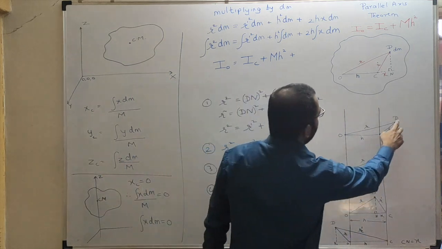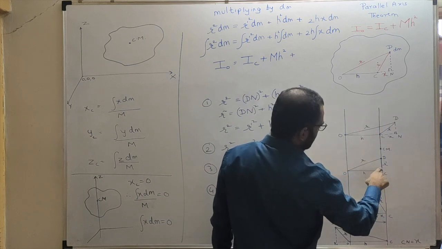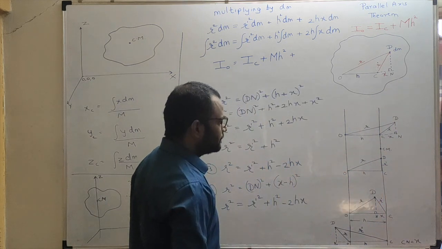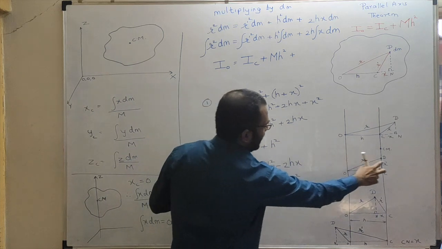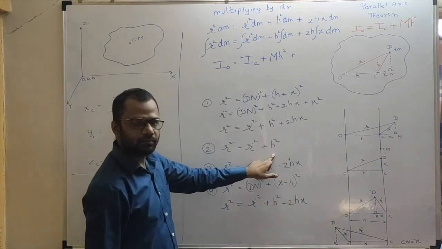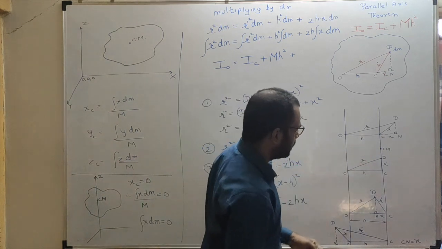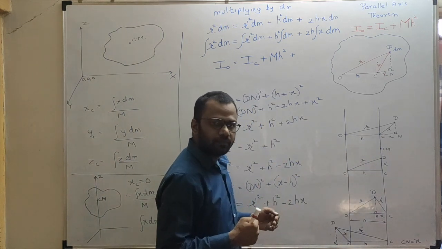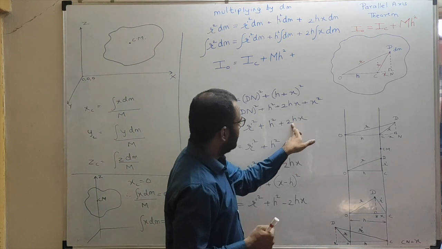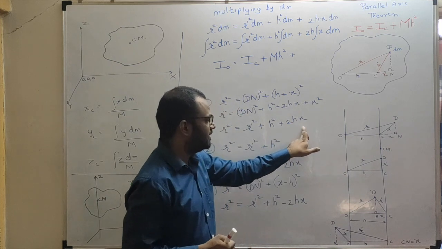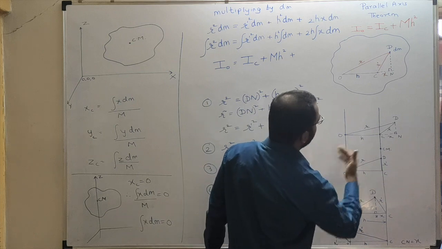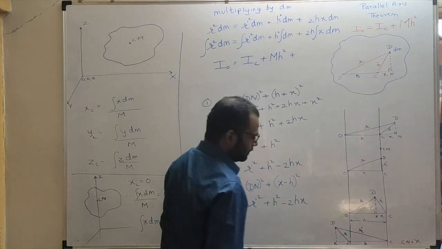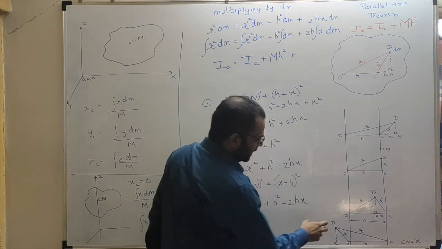Okay, so if D is exactly behind C, then the equation will be what? R square is equal to r dash square plus x square. Now since x is 0, there is no x distance, so this term will not come because x is 0 over here, right? Okay. If the particle is over here on this side, how will the equation be now?